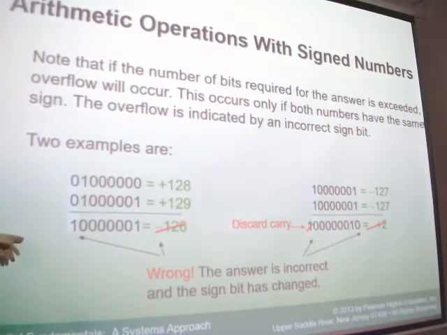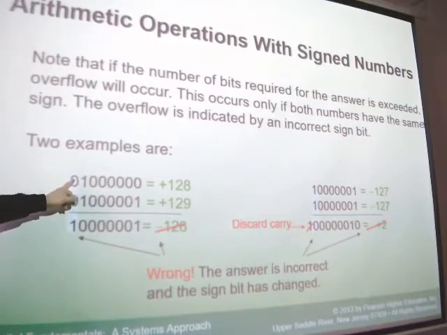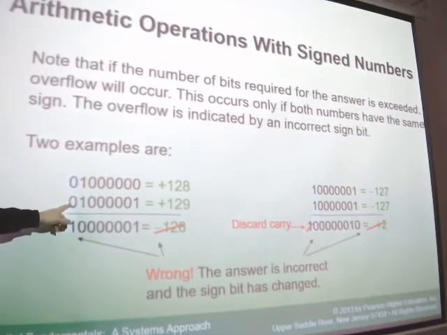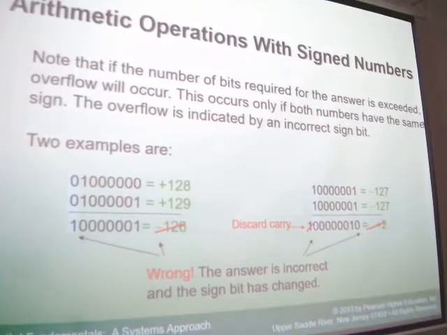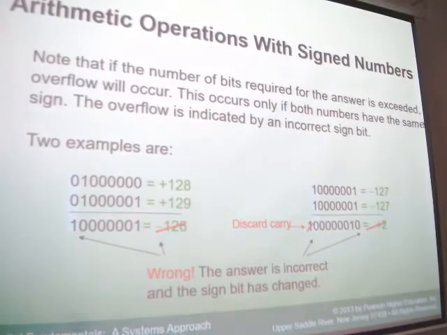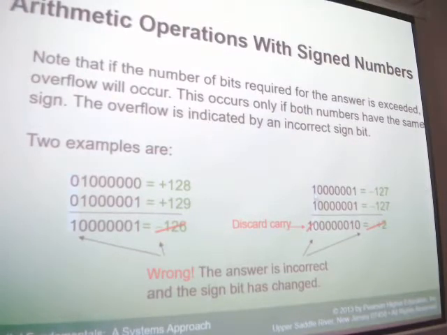Right? Because these are positive numbers, but the result is a negative number, so the result is wrong. And this is also, these are negative numbers, and the sum is a positive number, so the answer is wrong.